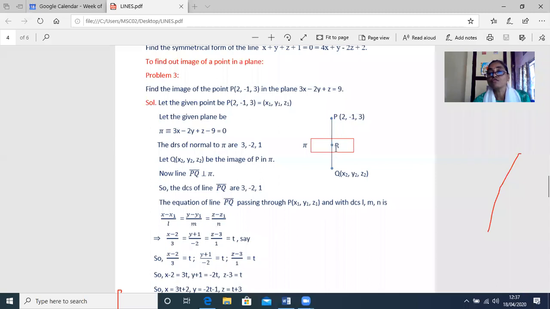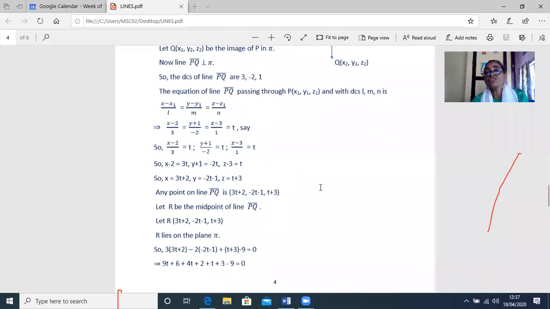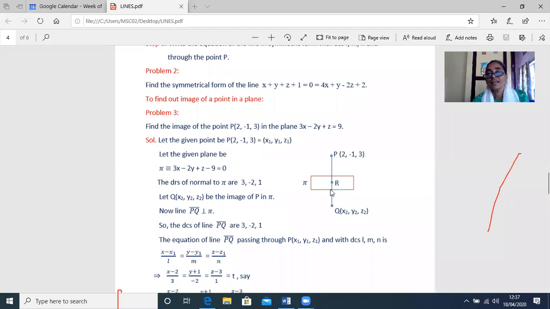Now you are going to find the point R, which is a point on the line. So to get any point on the line, you equate that to t, so that you will get the x value, y value, z value, from which you get the point R on the line PQ. Once you know R, you're clear now to get the point Q because R is the midpoint of the line PQ.